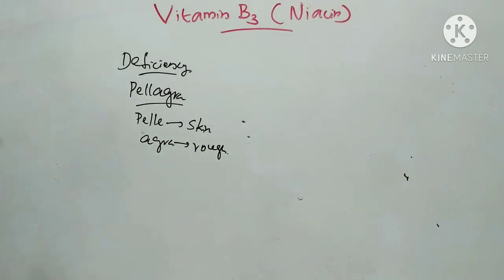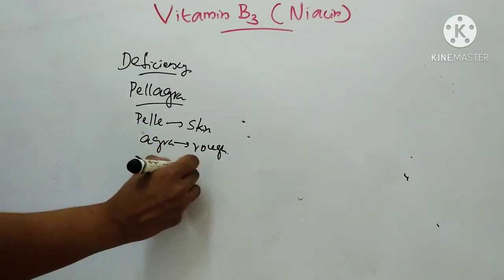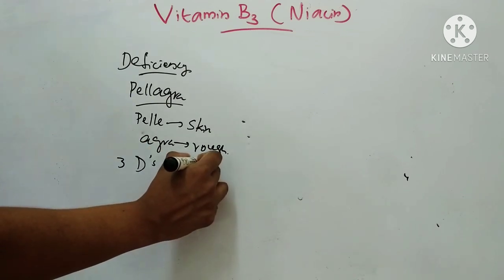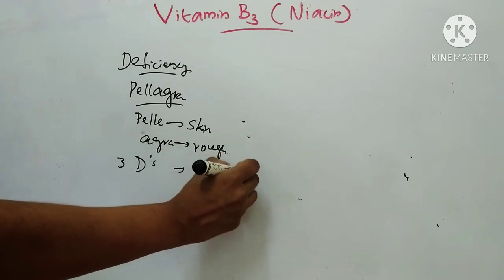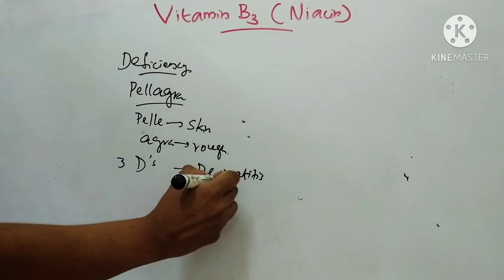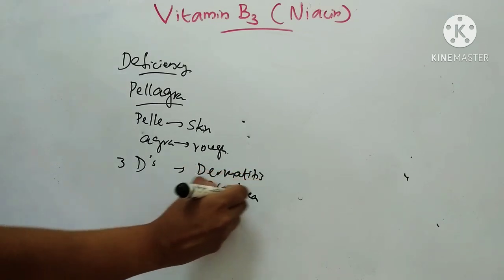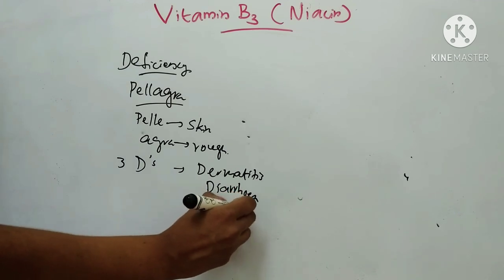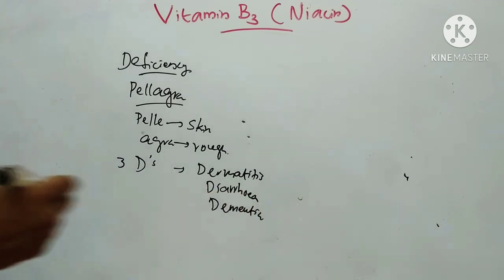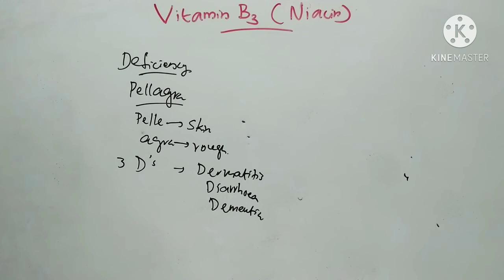Features are described as 3 Ds, that is dermatitis, then diarrhea and dementia. These are the features in pellagra. The precipitating factors are a high corn or maize diet and alcoholism.